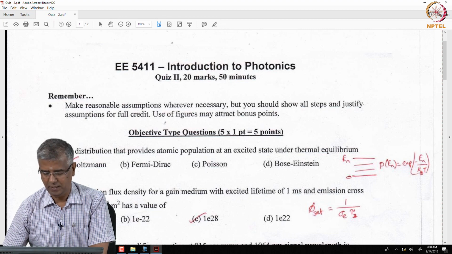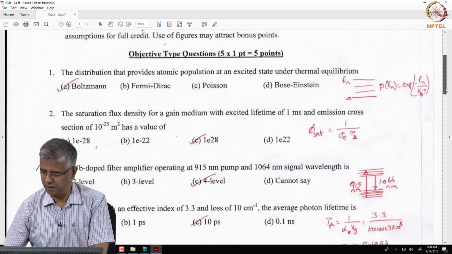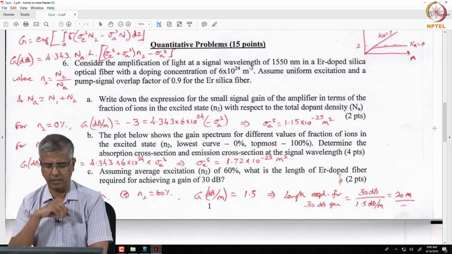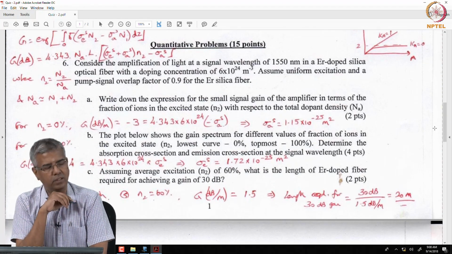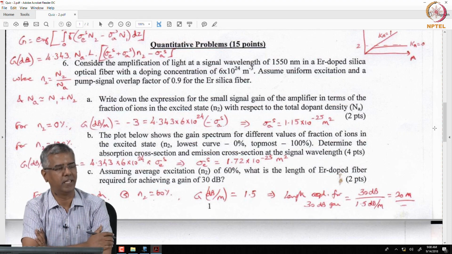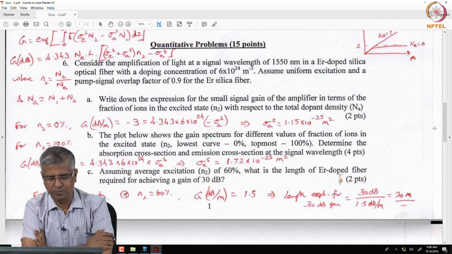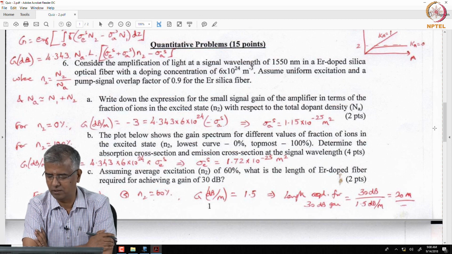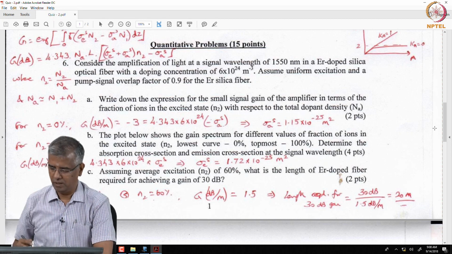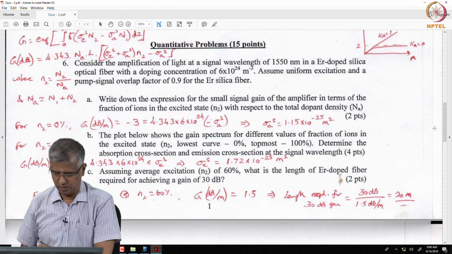So, this is the quiz 2 paper, and from that paper there is this one question on amplification using an erbium doped silica fiber. So, let us see if we are equipped to handle such a question. Okay. So, let's take this example and see how we can do this.